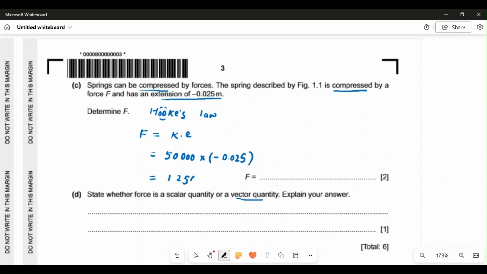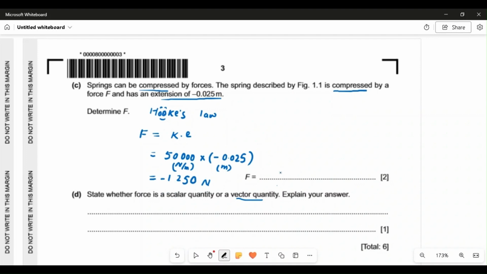When we multiply, our answer is 1250. Here I would like to mention that K is in Newton per meter and extension is in meter. So meter and Newton per meter cancel, and we can say the force is negative 1250.